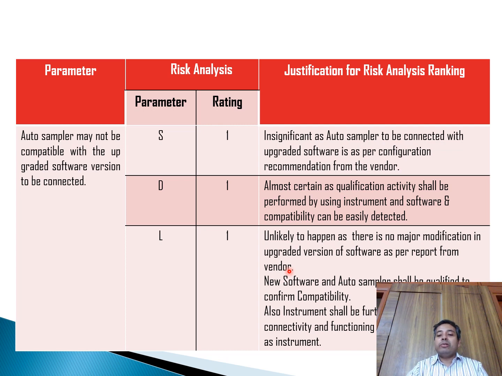This is all about the risk factors, scoring of risks, along with justification for the example in case of upgradation of new application software in new computer system. I hope you can understand about the quality risk management process.